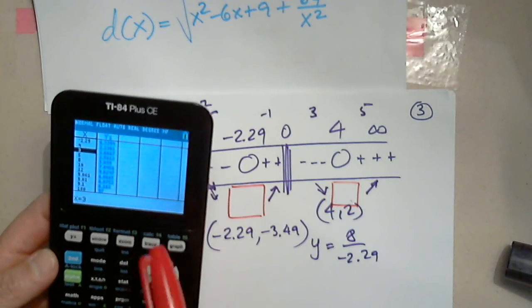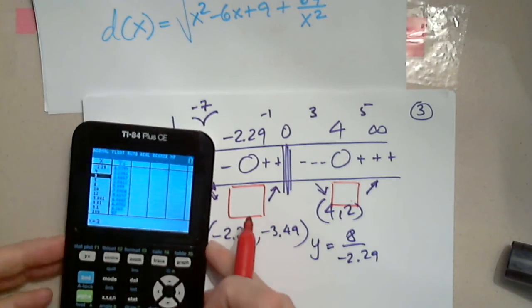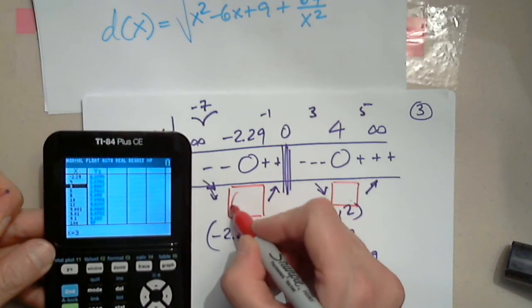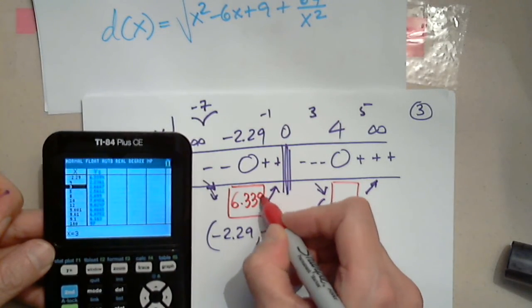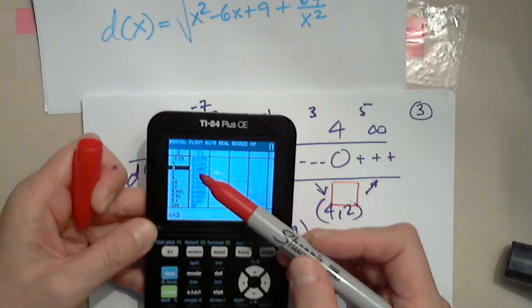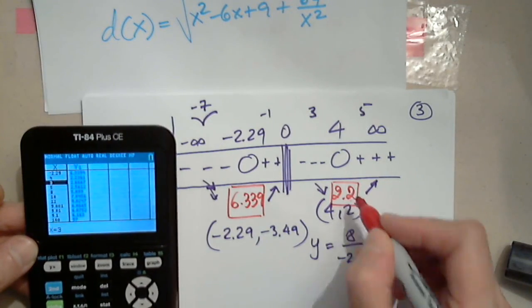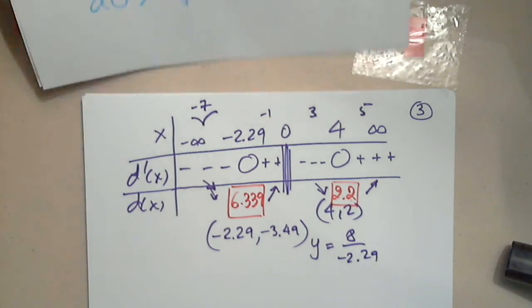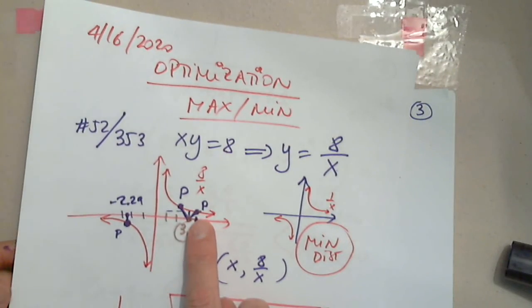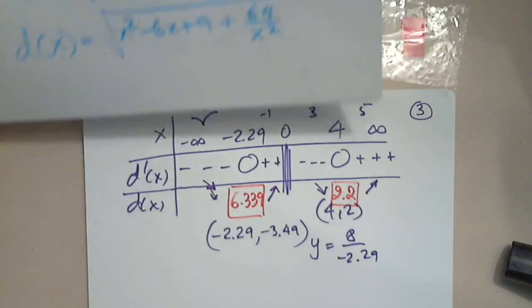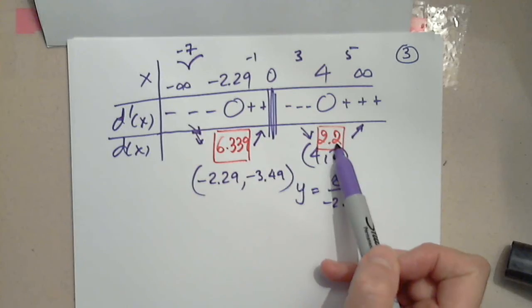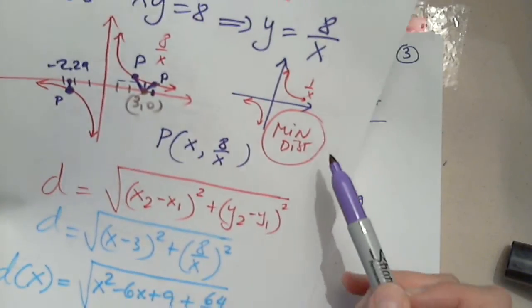Now let's see what we get. With this point, the distance is 6.339, and with 4, the distance is 2.2. And then, obviously, we know that this is the correct answer. So we'll say, because this is smaller than this, and we want the minimum distance.